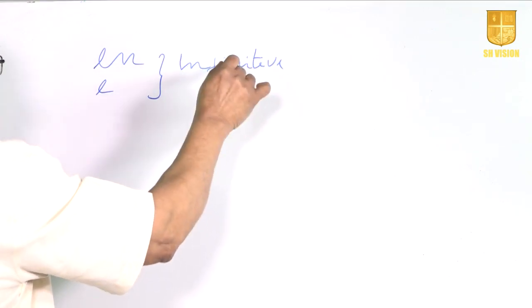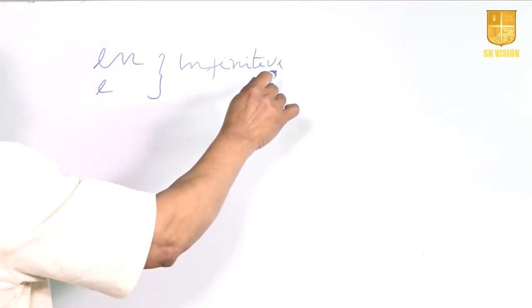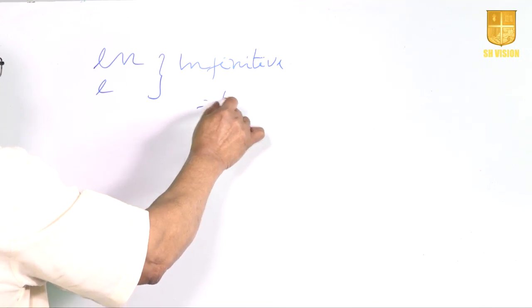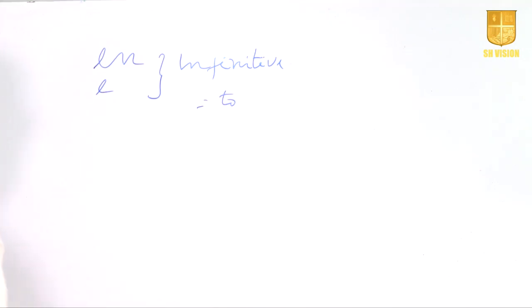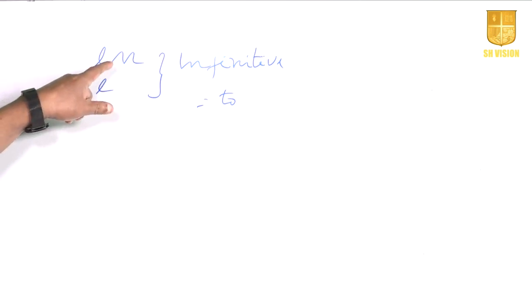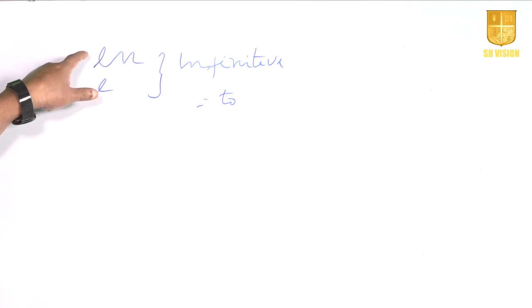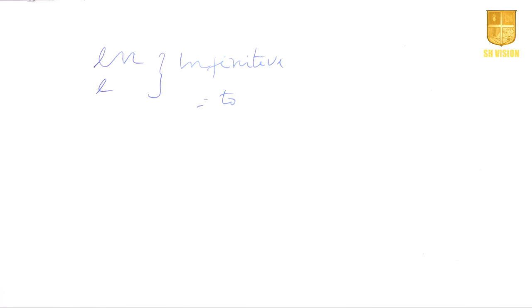So the infinitive is translated with the English words to go, to come, to sing, etc. In the dictionary, you will find the infinitive form: gehen, kommen, arbeiten, antworten, etc.